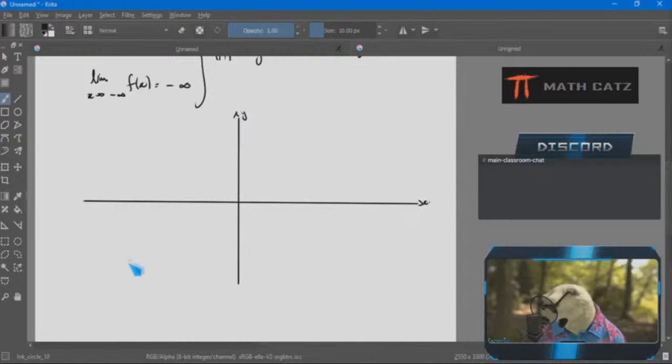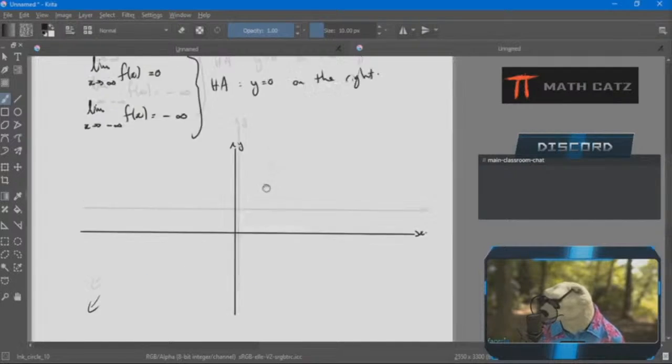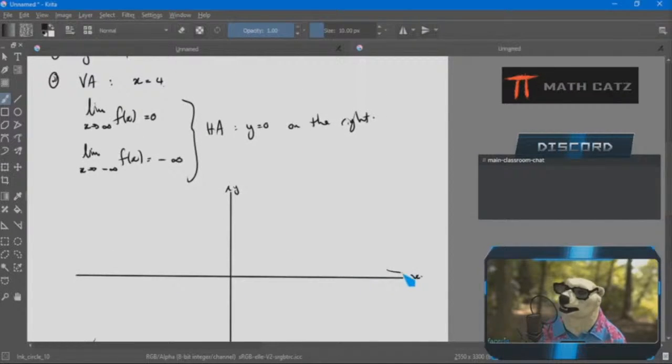So I don't forget anything. Far to the left, I'm going down. Far to the right, I approach the x-axis, which is where the line y equals 0 sits. Don't know how I'm approaching that yet. Vertical asymptote over here. I'm going to put it fairly close because I suspect, remember last time, we had some problems running out of space on the top right.